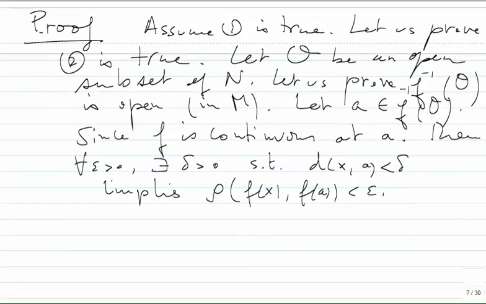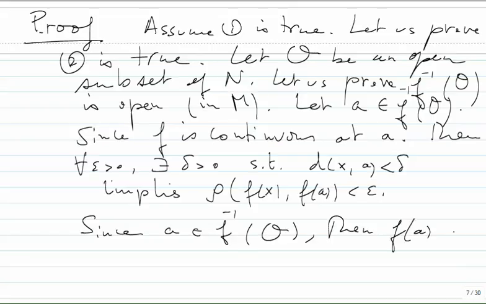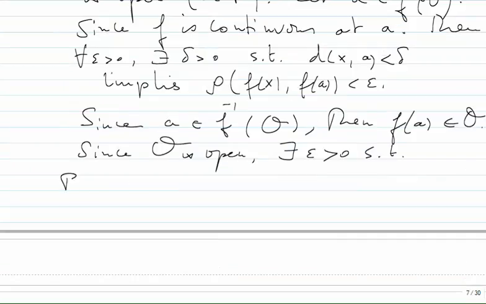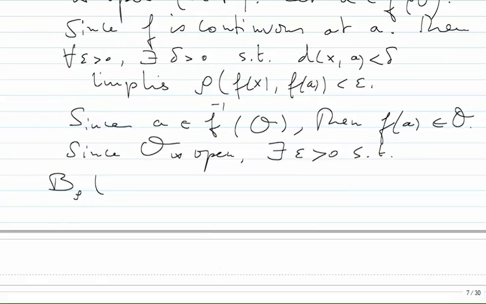That's just the definition of continuity at the point. Now, since a belongs to f inverse of O, then f of a belongs to O. We assume that O is open, so there exists epsilon positive such that the open ball centered at f of a with radius epsilon is in O.